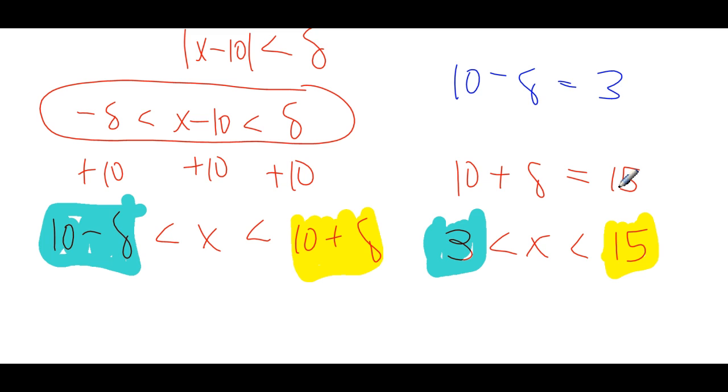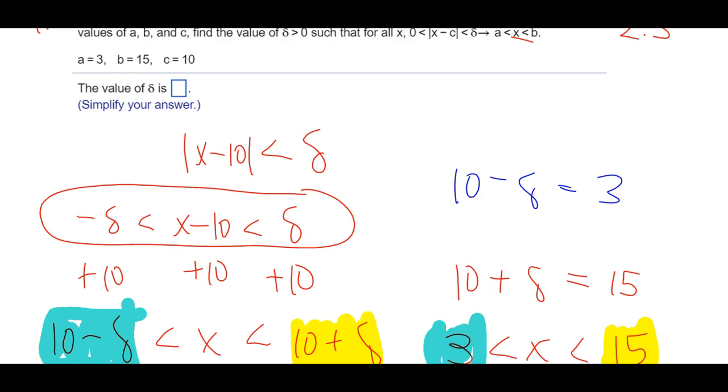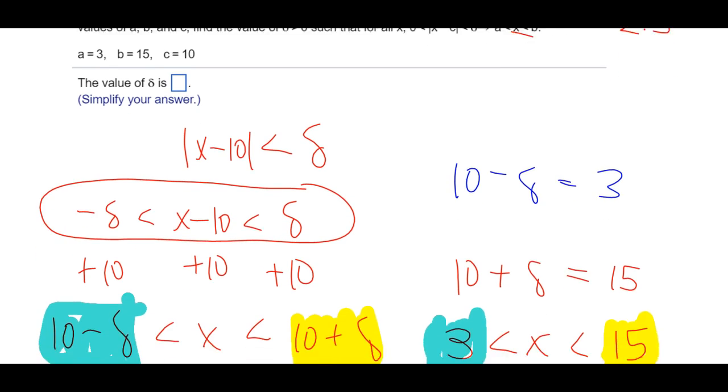Now if these things turn out to be the same, then we're golden. But they often aren't when we do absolute value inequalities.